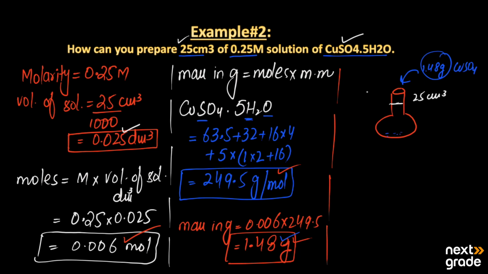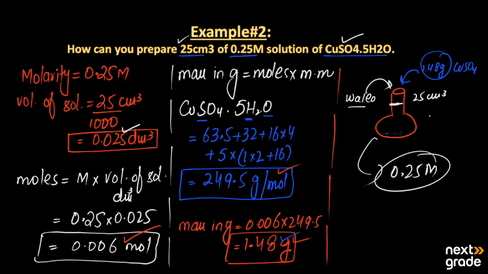After that, we will take the water, and we add water until it reaches the edge line. Now this solution is 0.25 molar and its volume is 25 cm³. And this is all about today's lecture.